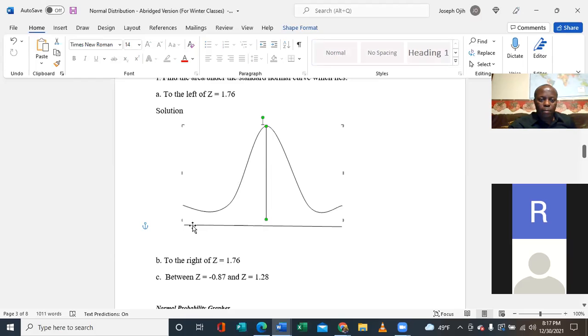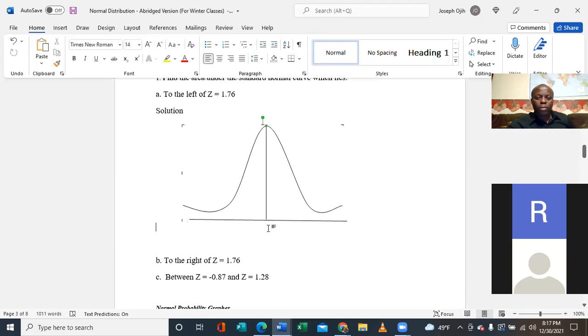That's the problem here. Okay, good. Now, the center is 0. Z 1.76. Left side is negative, right side is positive.